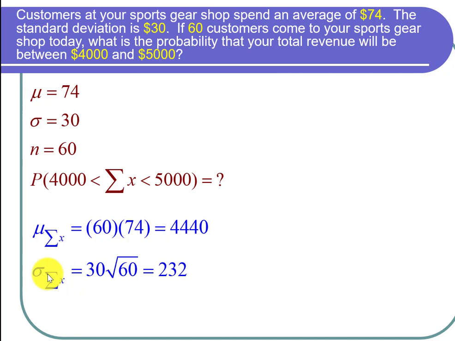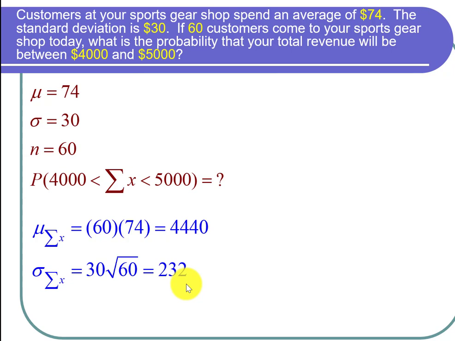That is equal to the standard deviation of each individual receipt, which is 30, times the square root of the sample size, or the square root of n equals 60. So I get sigma sub capital sigma x is equal to 30 times the square root of 60. And I worked that with a calculator, and I got about 232. I rounded to the nearest whole number. You should round more if you need to.